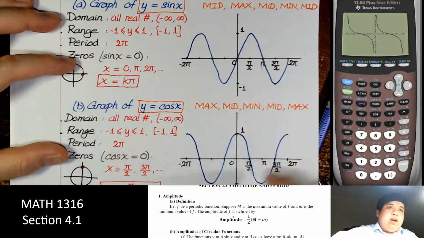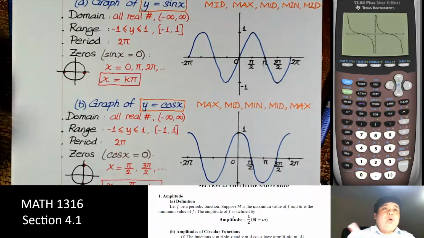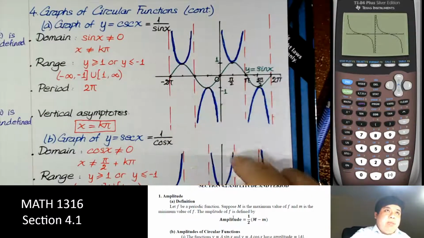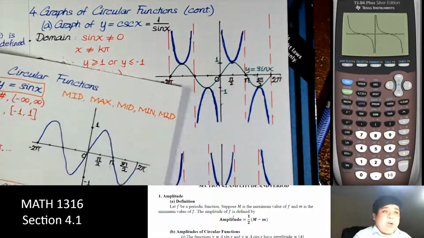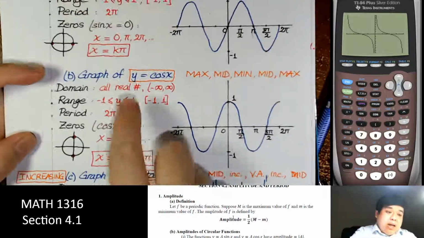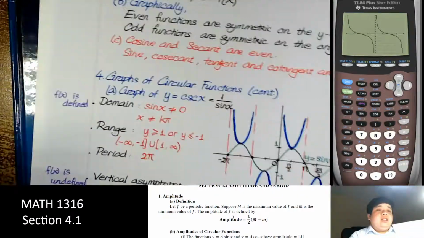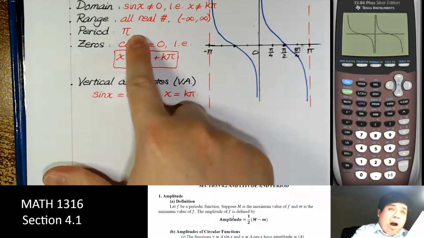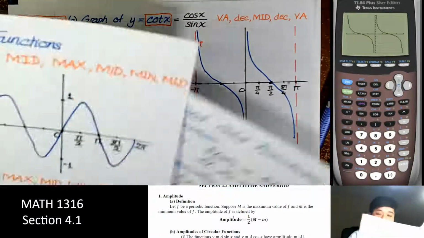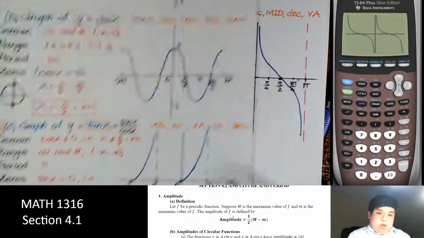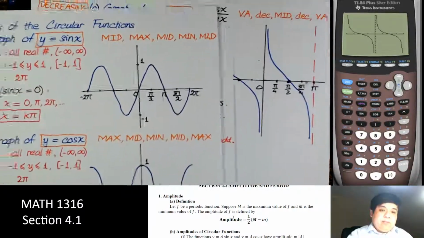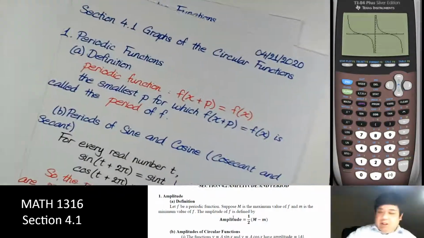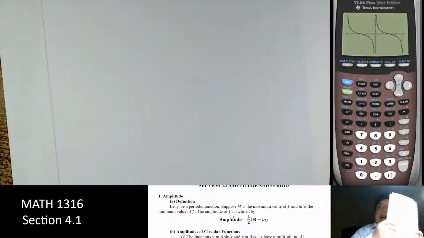Once we know sine and cosine, secant and cosecant will be easy. We just bounce up at the maximum and the minimum. The period is 2 pi. Tangent and cotangent are slightly different. Their periods are pi. Anyway, when we go to the next section, we review a lot more.